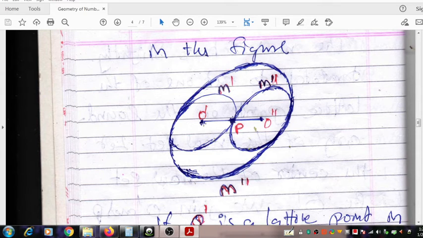Since it has the center at O prime, it is going to be translated along the line O prime P, until its center moves to the point P. When it reaches P, it is kept there.